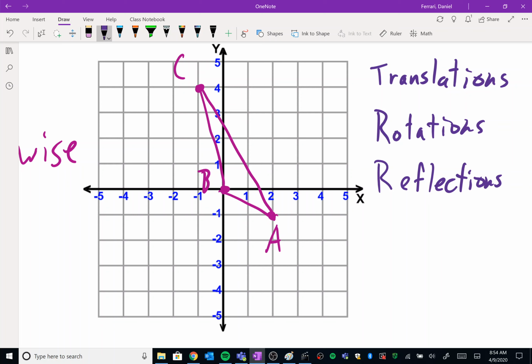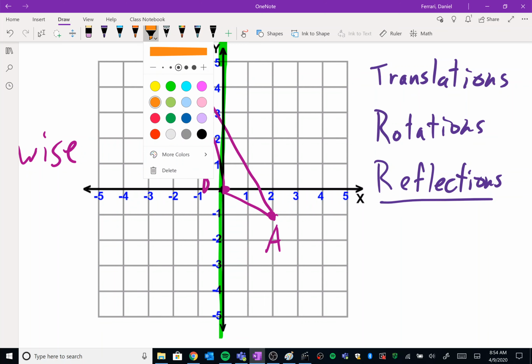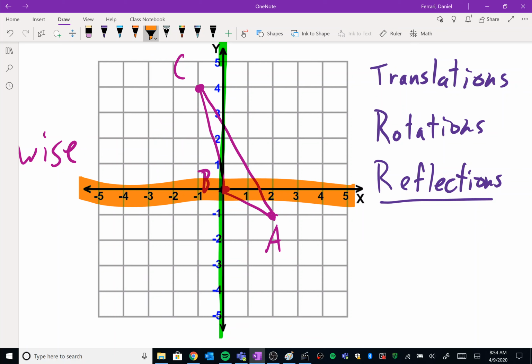Okay, now I'm going to do these kind of in reverse order. So reflections, those are a flip, and traditionally they are a flip over a line. Most of the time when we do reflections, we do them either over the y-axis or over the x-axis.